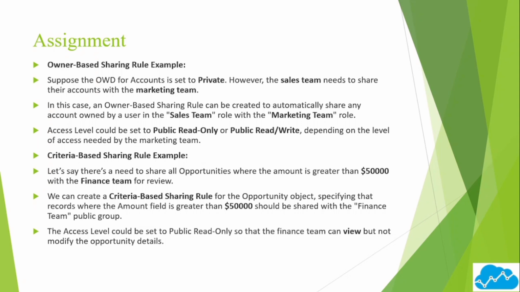Criteria based sharing rule example: let's say there's a need to share all opportunities where the amount is greater than $50K with the finance team for review. So here in this example, all the opportunity records have to be shared with the finance team if the amount is greater than $50K.